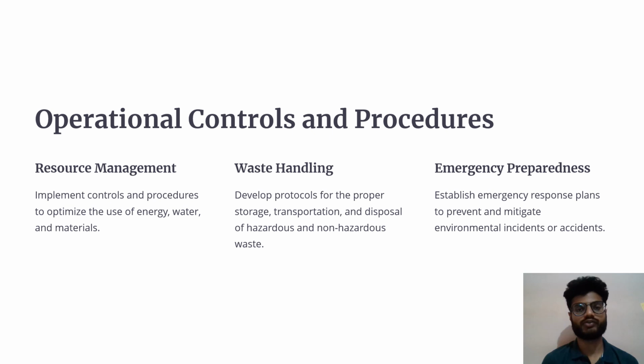The second one is waste handling. We are developing protocols for the proper storage, transportation, and disposal of hazardous and non-hazardous wastes.